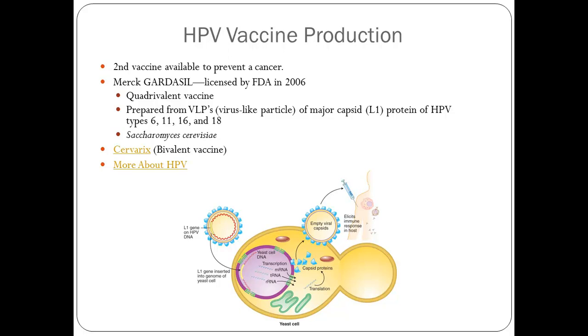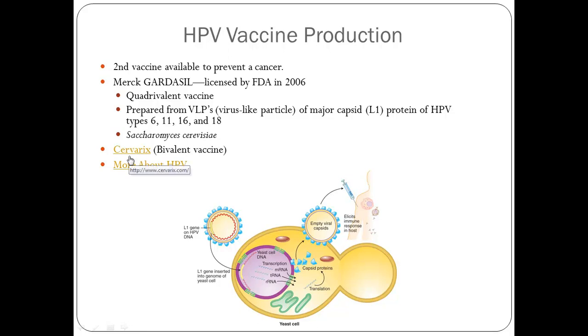Now the yeast cell is going to begin to make those viral capsids. It's not going to make anything else, just those capsids. When it assembles, it just assembles empty viral capsids. Of course, no DNA is available. So you take these empty viral capsids and inject them into the host, and hopefully the host will elicit an immune response to 6, 11, 16, and 18. Of course, if they get type 5, then they're not going to be immune to it.